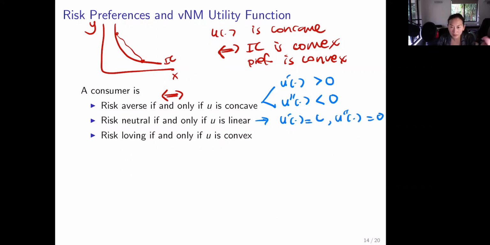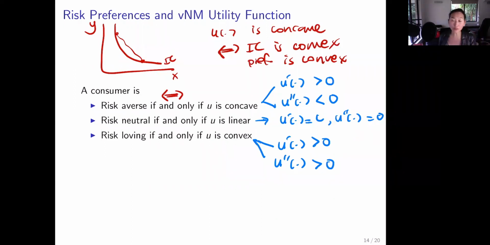Just linear. For the convex, U prime is positive, and U double prime will also be positive. That's convex. So very easy. If I ask you, can you tell me if this person is risk averse, risk neutral, or risk loving?